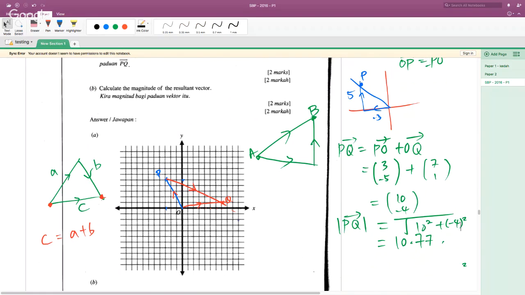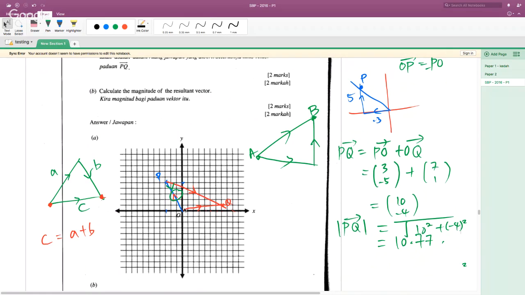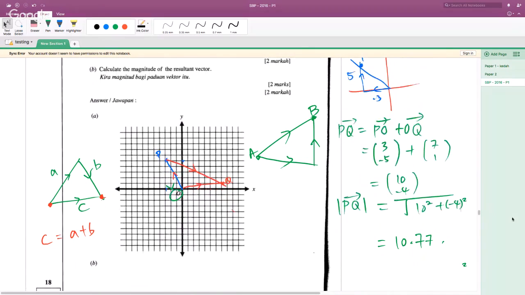If PQ is a resultant vector, I have to change the direction the other way around. It should be going down. But if I change OP to become PO, the starting they asked me to draw, that one will be wrong. So it's a bit tricky for this part.